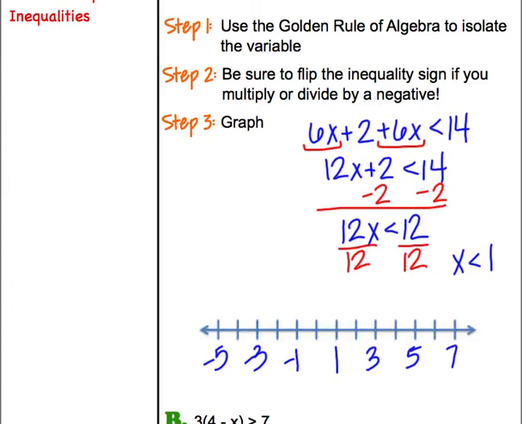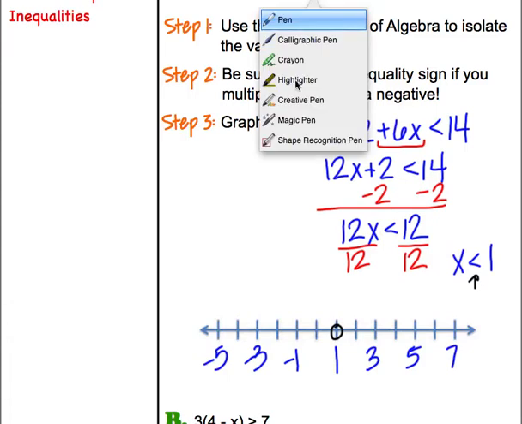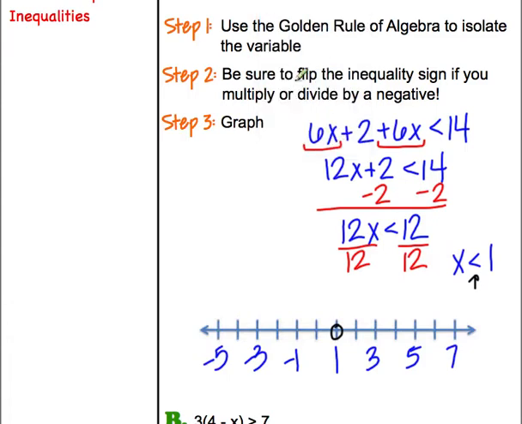Then we can say, this here is strictly less than, so it's going to be an open circle. I'm going to get my highlighter. It says x is less than 1, and I know that to the left will be less than 1.